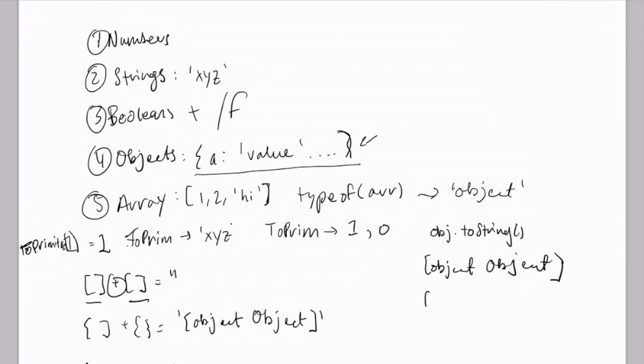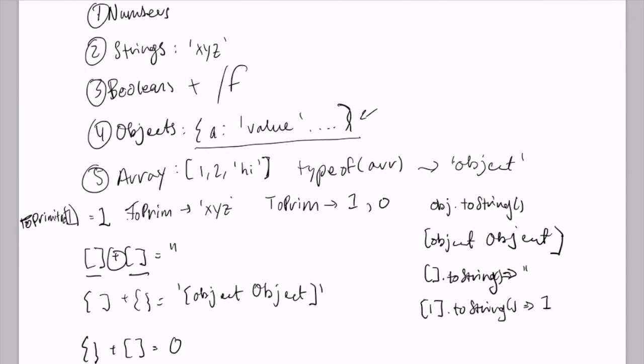Calling toString on an empty array causes it to output just an empty string. Calling toString on a one-element array will output 1, or whatever that element is. Then calling toString on any other size will output a comma-separated string of all the elements within the array, and so on. So, going back to our first example.